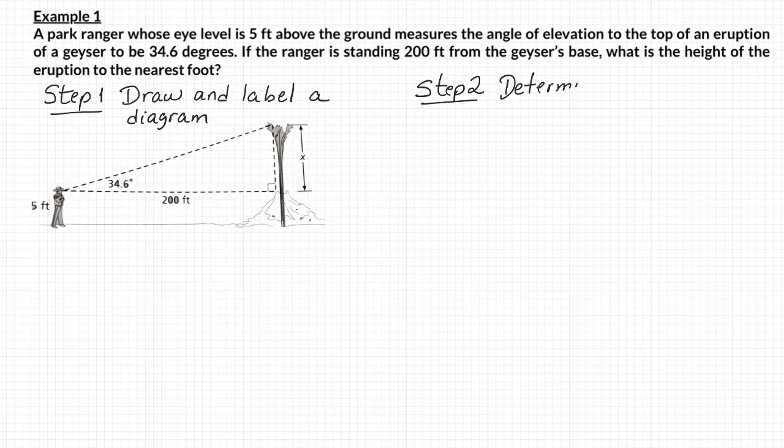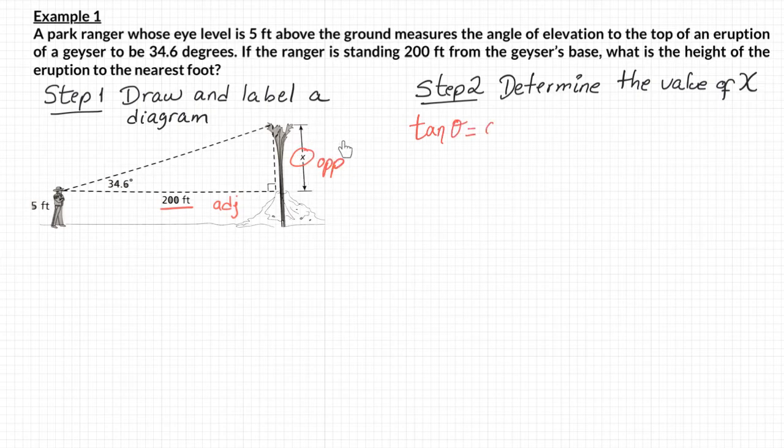So step number 2, we have to get x. So determine the value of x. If you look at it right here, this side is across from my right angle, so it's the hypotenuse. This is the opposite side, and this is the adjacent side.